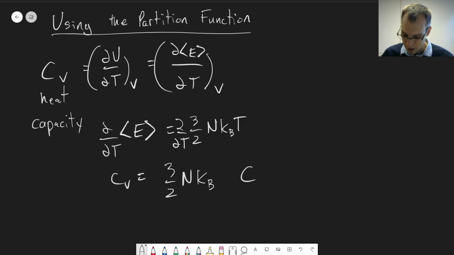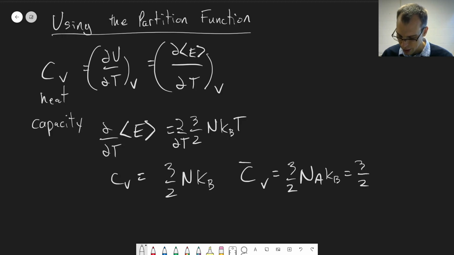And if we want to make this a molar quantity, we set N equal to Avogadro's number, and we will get 3/2 Avogadro's number times kB, or 3/2 R.